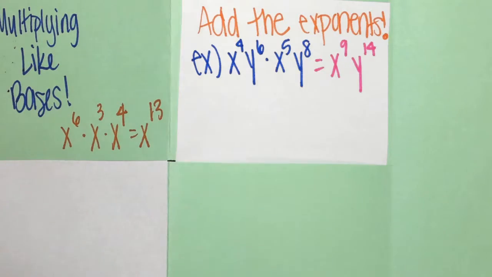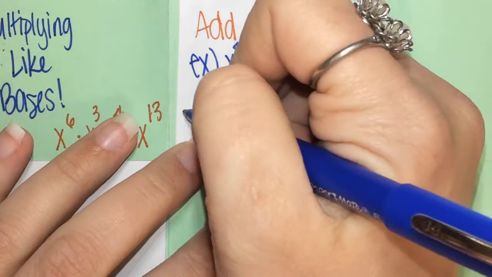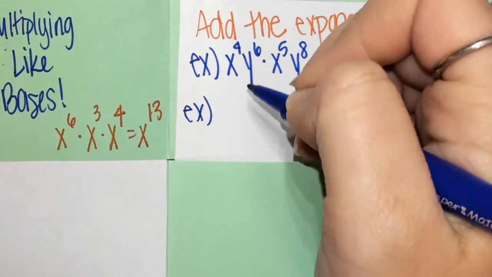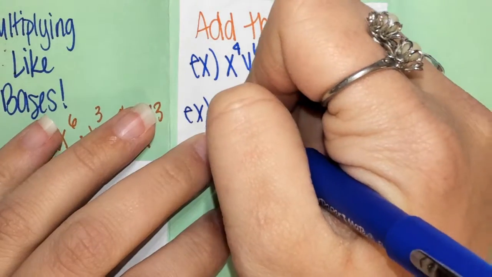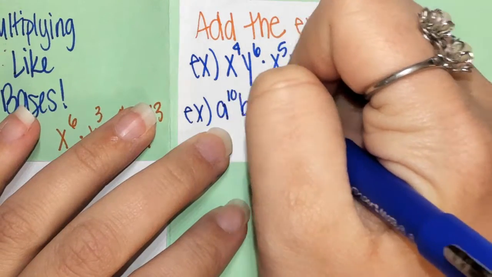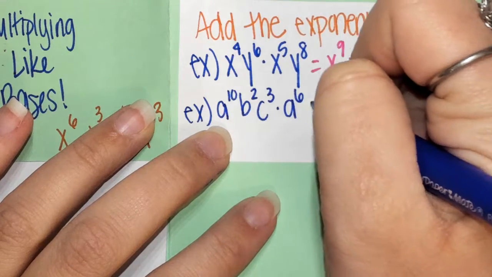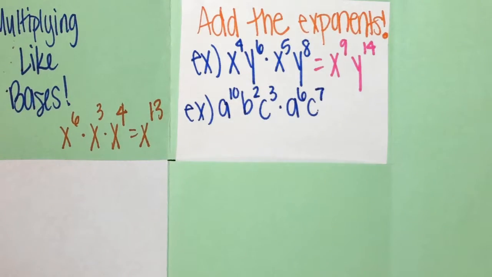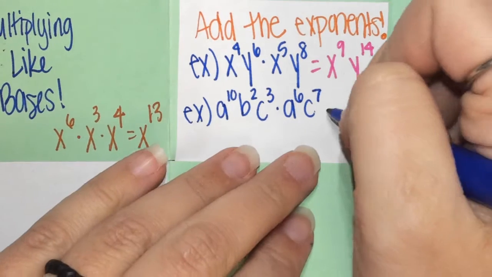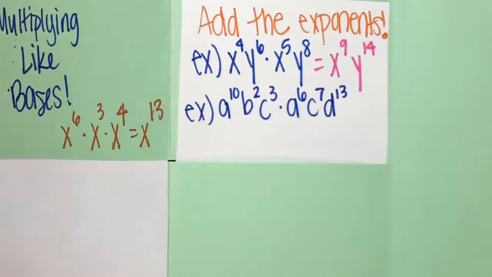Alright, what if for my next example, I said a to the 10th, b squared, c cubed, times a to the 6th, c to the 7th, d to the 13th.